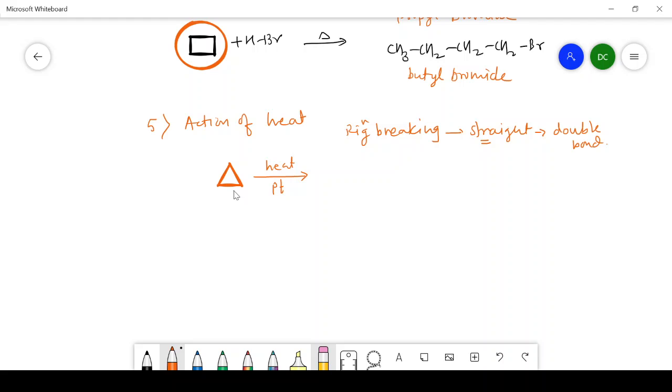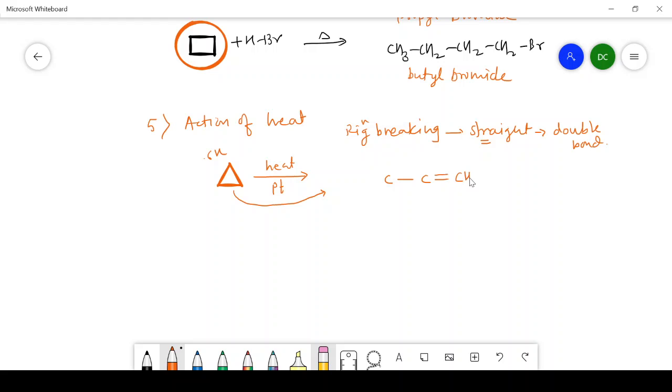Now, in this structure of cycloalkane, there are three carbons. So I can write here carbon, single bond, carbon. And in this compound, there are six hydrogens. How many hydrogens? Six hydrogens. These six hydrogens remain as it is, but they are rearranged with the formation of double bond. Suppose I have written here a double bond.